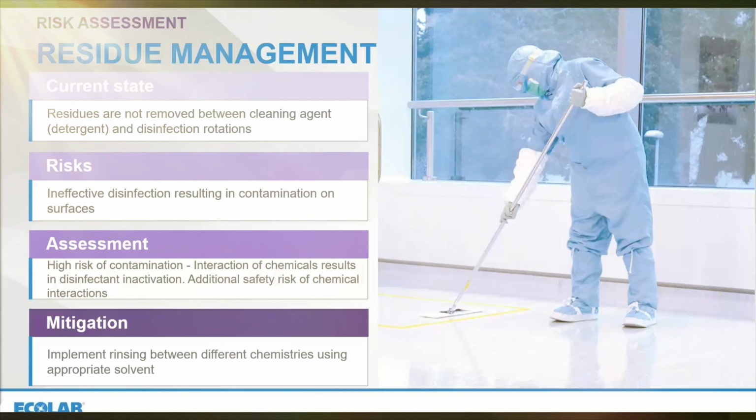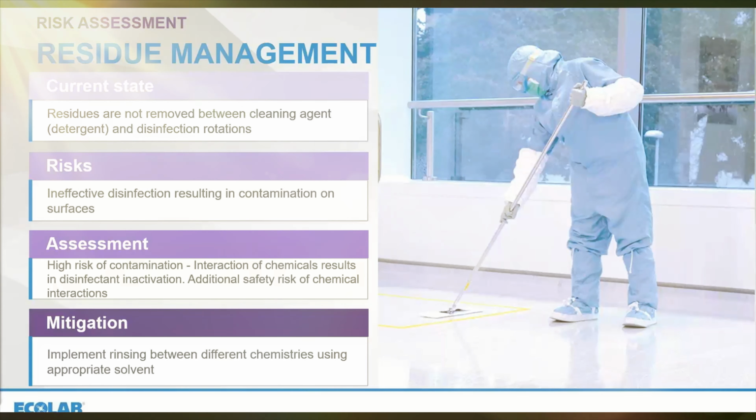So very good practice in place that disinfectants were being rotated, so more than one type of disinfectant was in place, and also good practice that there was a separate cleaning step with a detergent used. But between the transitions of those different agents being used on the surface, there was no residue removal step. So as Tim alluded to before, the potential there that you've got that chemical residue on the surface, there is that potential of some sort of chemical interaction.